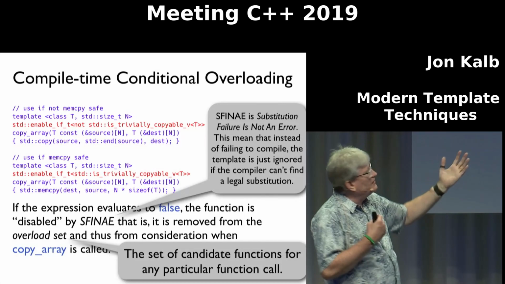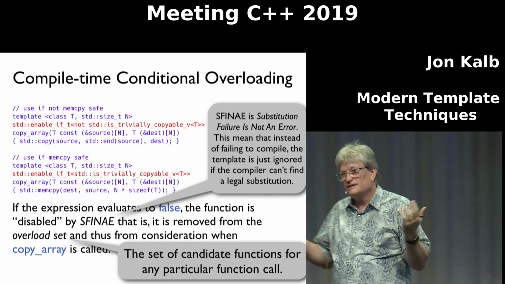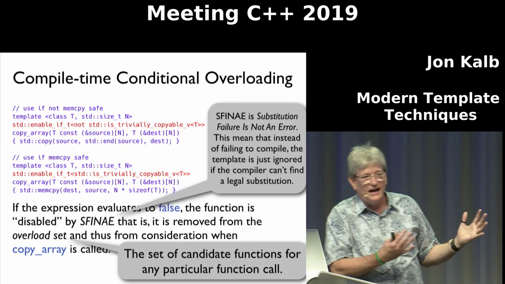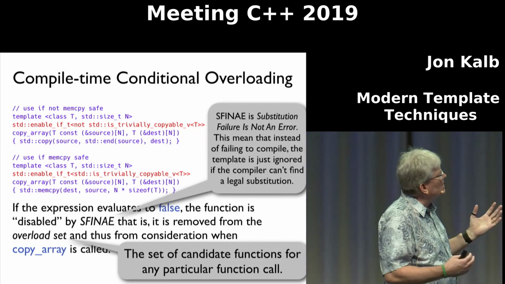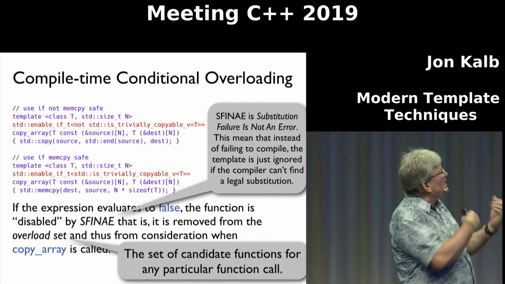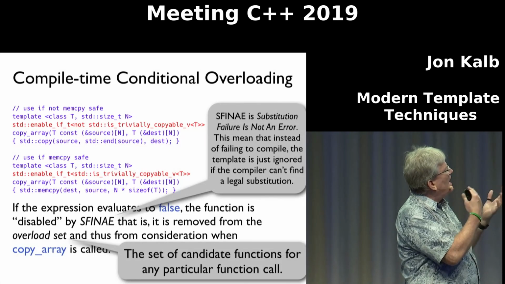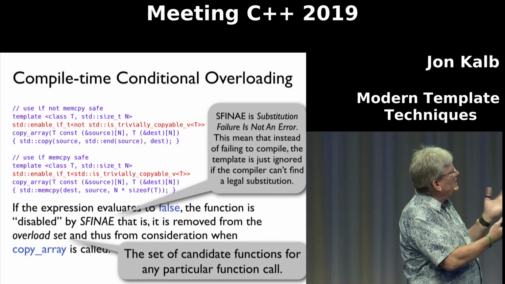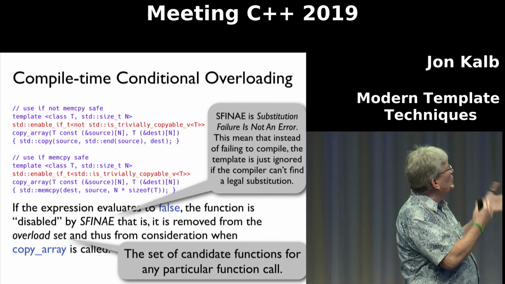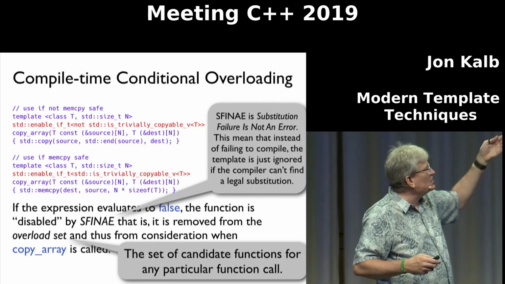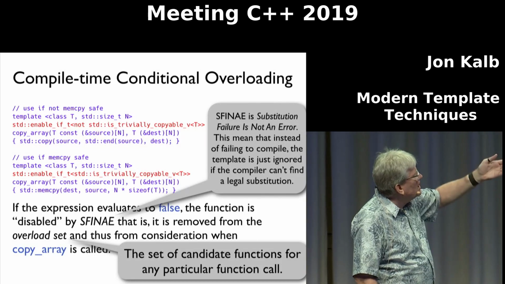And instead of refusing to compile, saying, wait a minute, there's an error here, there is no such type you told me to calculate, instead, what it does, it says, oh, for this particular template, I have a substitution error. A substitution failure. And instead of failing to compile, I'll just ignore this particular template. Substitution failure means ignore the template. And that's what's going on here.